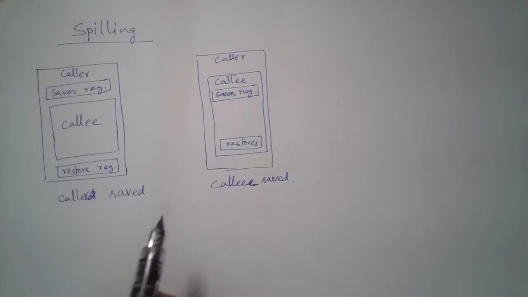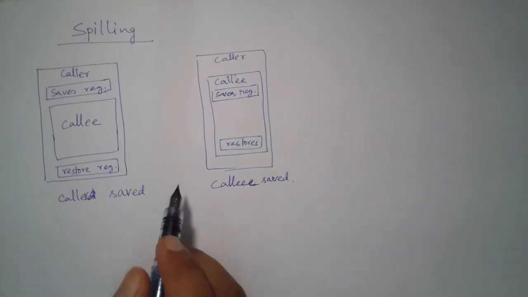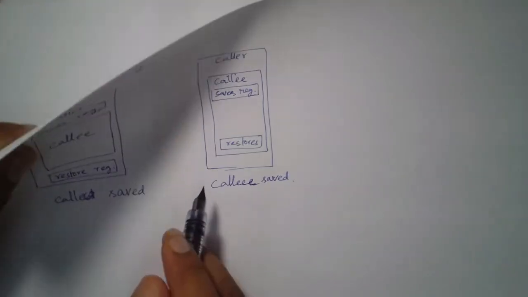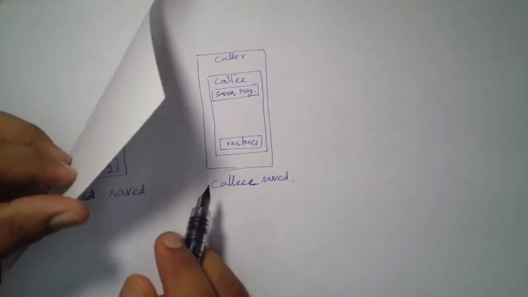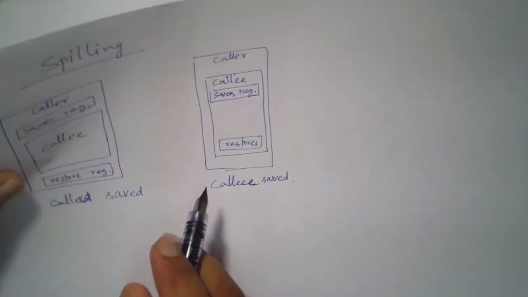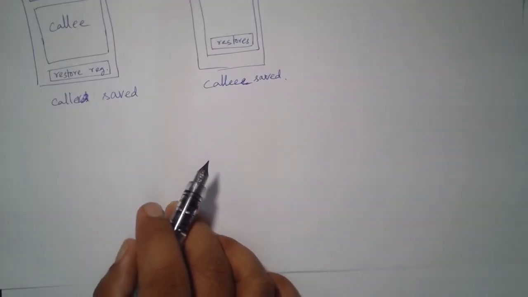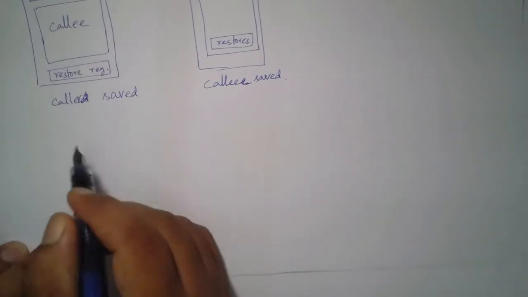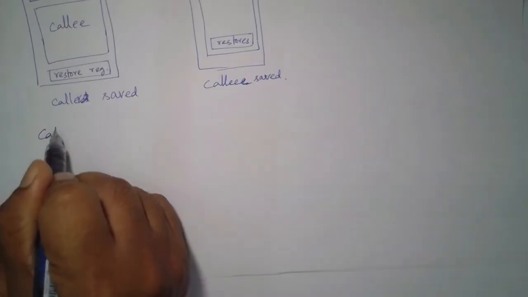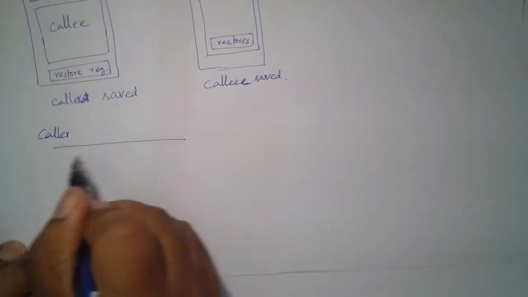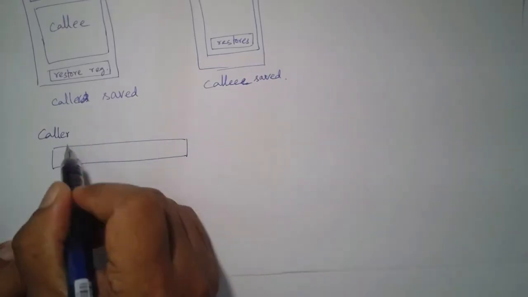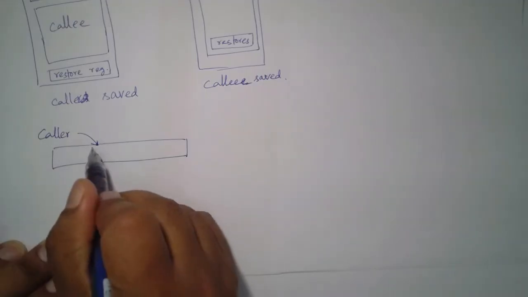Now, to implement this, you need a very strict agreement between the different callers and callees regarding the set of memory locations that they will be using. Let us say this is your memory. The caller was accessing this set of memory.